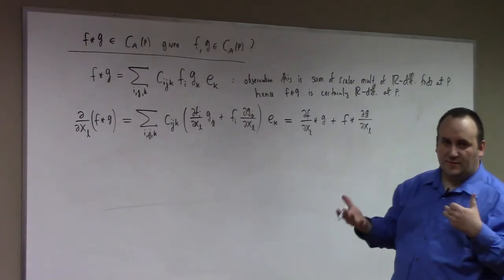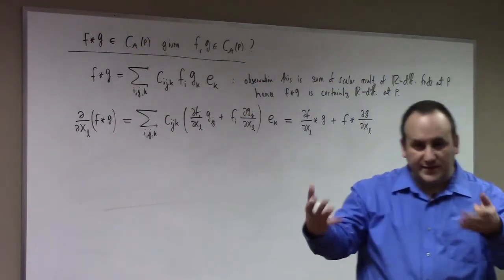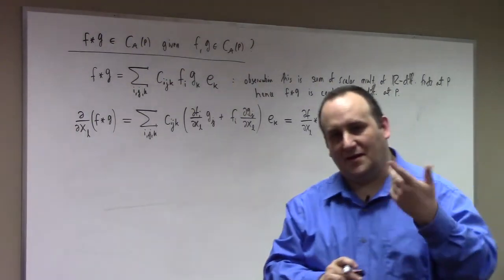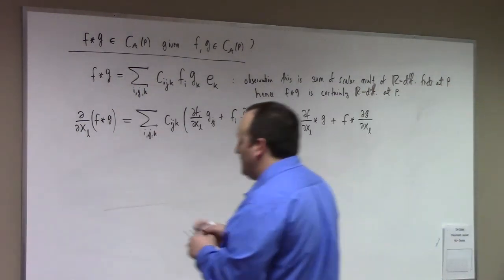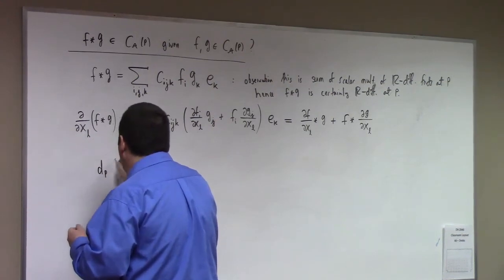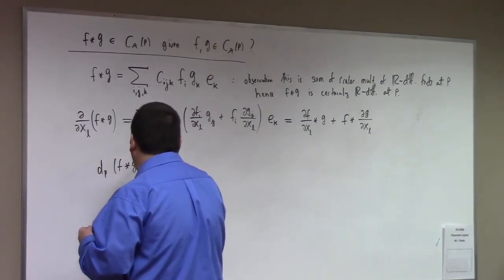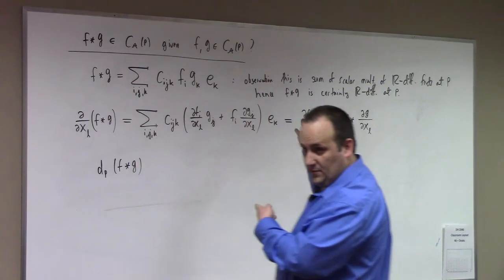Because if we take the scalar multiple and sum of real differentiable functions, we get a real differentiable function, no matter how complicated that thing might look like. It's still a stupid real differentiable function. So we know that the differential at P, right, of f star g exists. That exists from that argument.